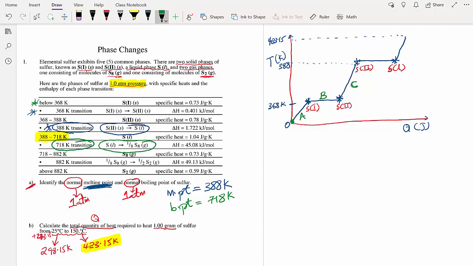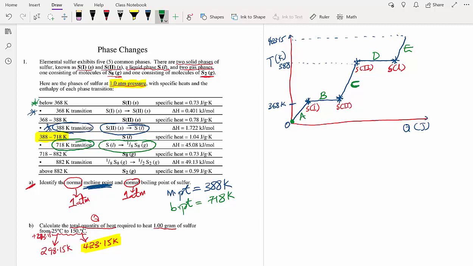Stage C is when we increase the temperature of sulfur from the S2 form up to 388 Kelvin. Then we go to stage D, which is when sulfur transitions to a liquid. And then we have stage E, when we increase the temperature from 388 up to 423.15.